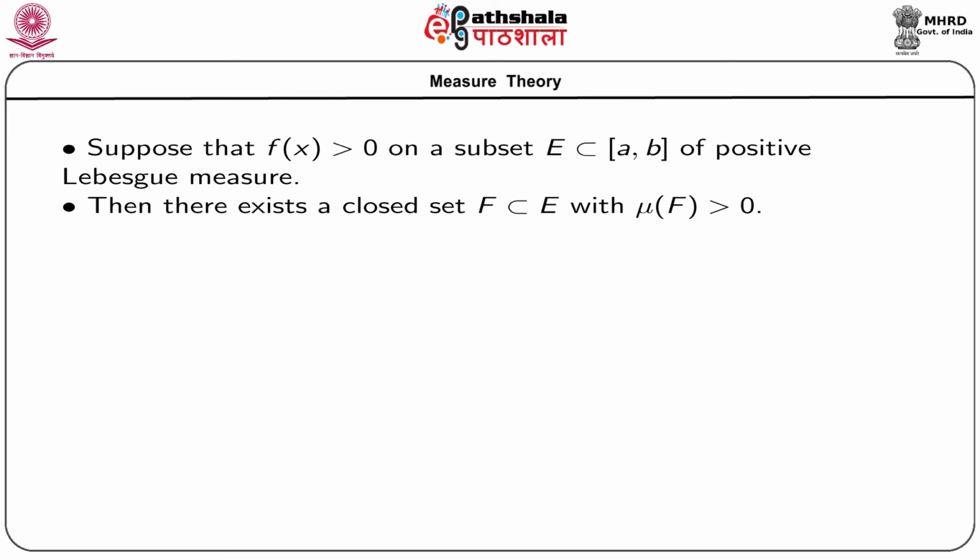So, we can find a closed set F contained in E such that mu(F) is also greater than 0, because we know that the measure of E is the supremum of the measures of all closed sets contained in E. Let O be equal to the open interval (a, b) minus F. See, F is a closed set.